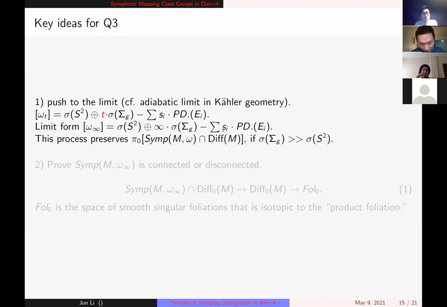We can think of the blow up balls as punctures in the Sigma_g. Using a stability argument, by an inflation technique created by Lalonde and McDuff, we are able to prove this process preserves the mapping class group. Oh, that should be Diff 0.